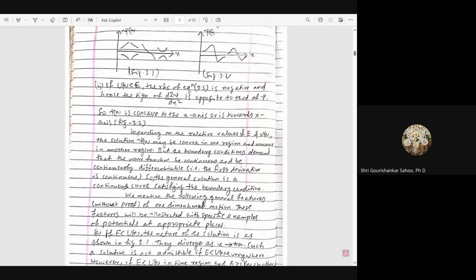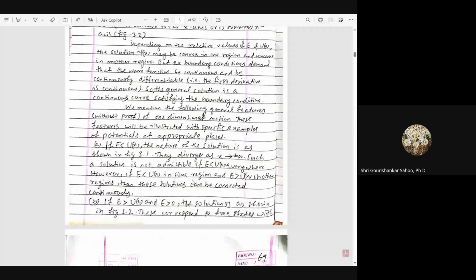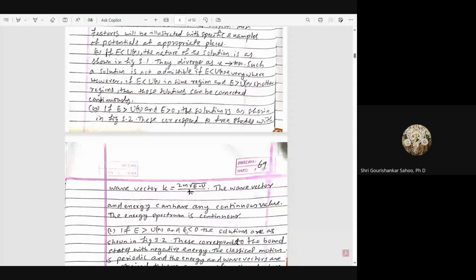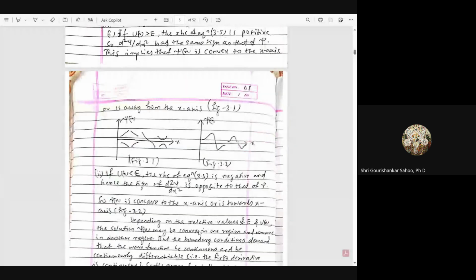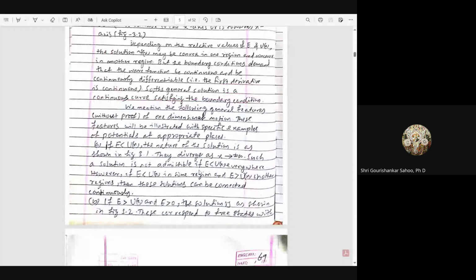However, if E is smaller than U in some region and E is greater than U in some other region, then these solutions can be connected continuously. And if E is greater than U and E is negative, then the solution is shown in figure 3.2. So what will happen?